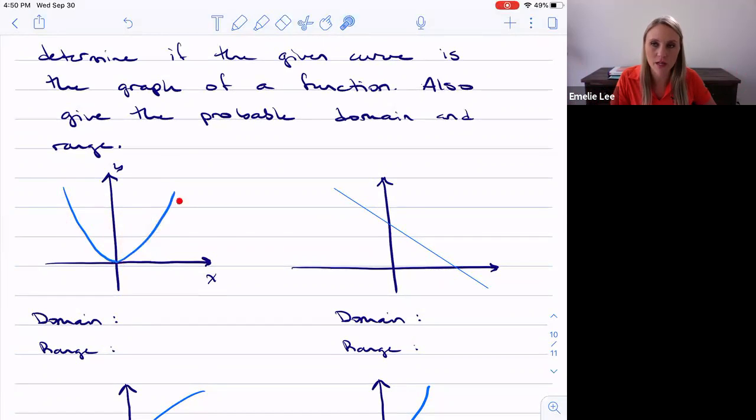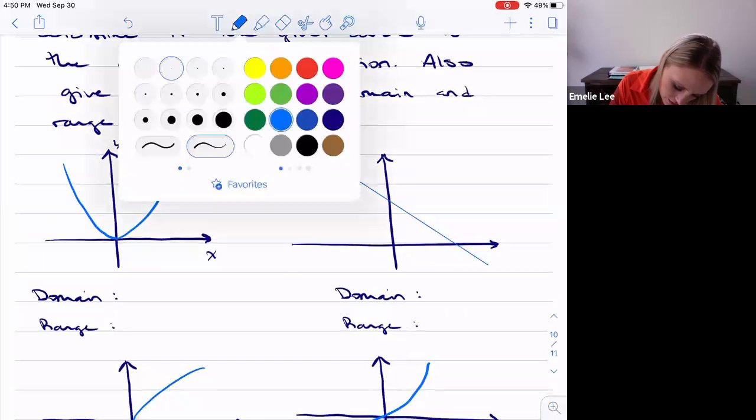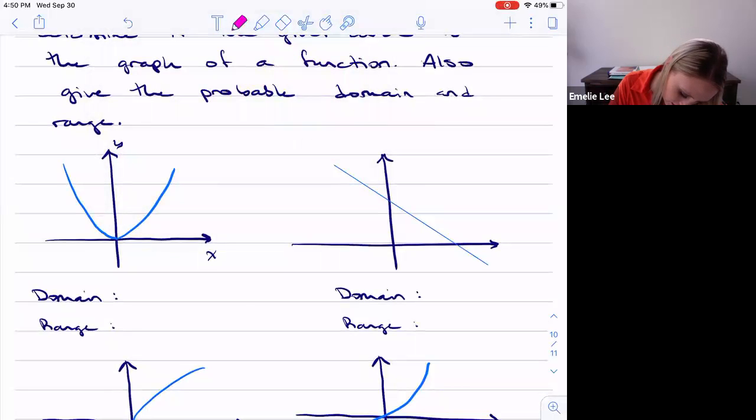Because I'm only crossing the graph at one point. Okay. So this passes the vertical line test.